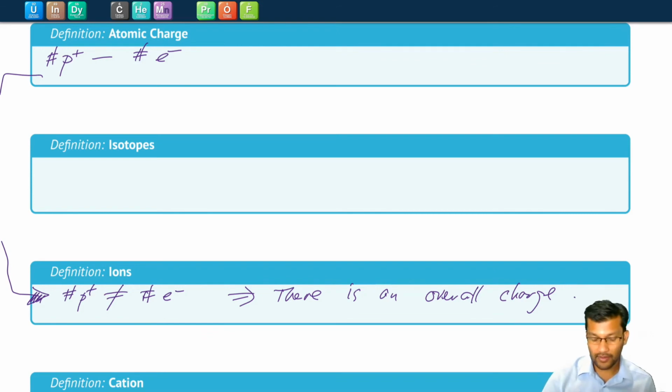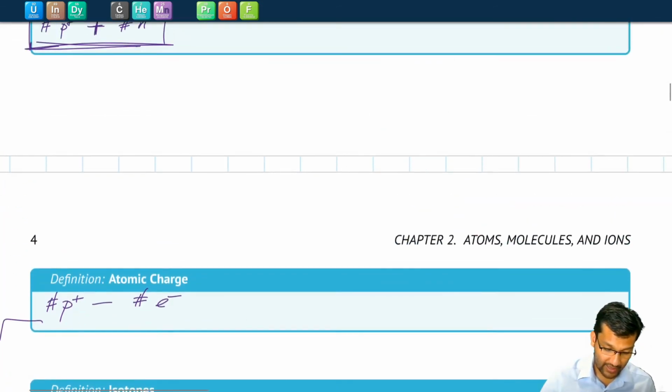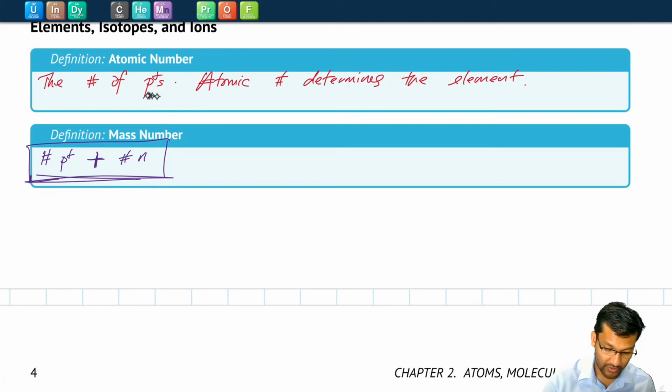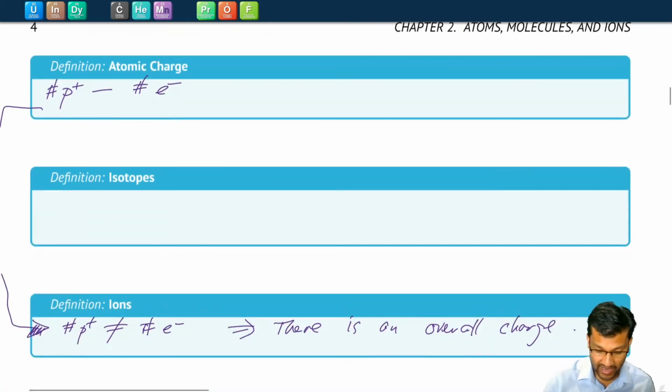All right, so we looked at the atomic number, that's the number of protons, and we looked at the mass number, which is the number of protons plus the number of neutrons. Isotopes have the same number of protons, meaning they're the same element, right?